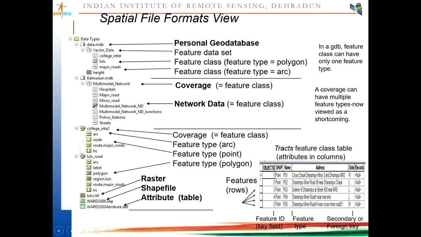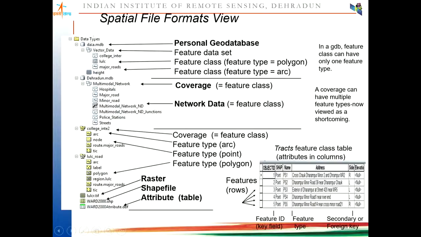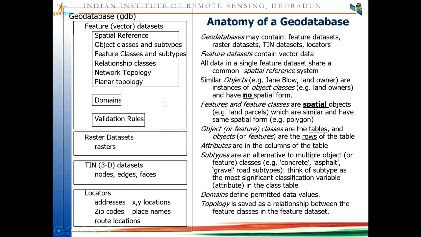So this shows the different kinds of file formats existing in proprietary software like ArcGIS. This is just a directory structure, a logical organization which you'll view in ArcGIS Catalog, and this is basically a file representation which will be there in those folders.